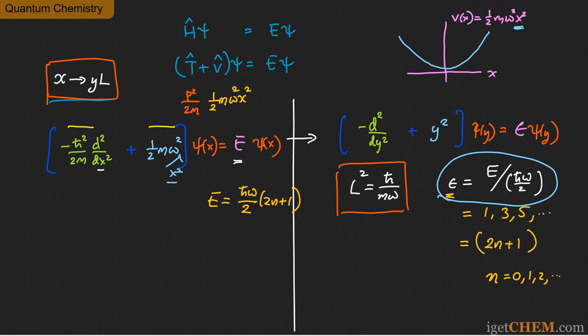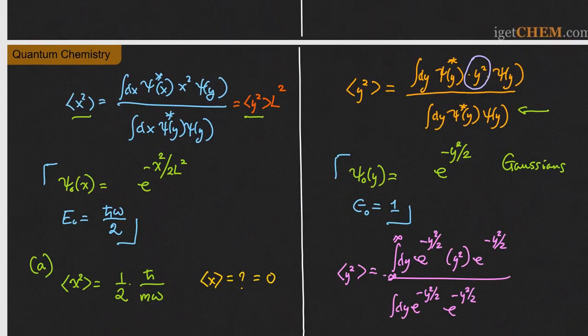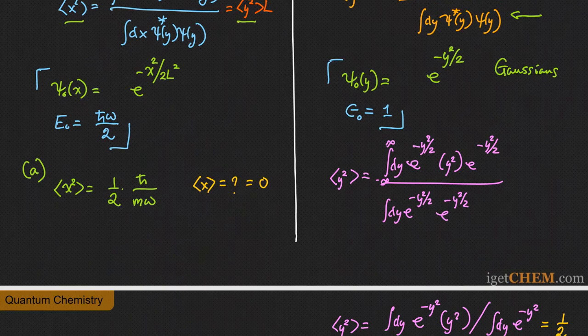The harmonic oscillator potential has this x squared, and because of the symmetry, the average of x is going to be 0 if you flip x and minus x.